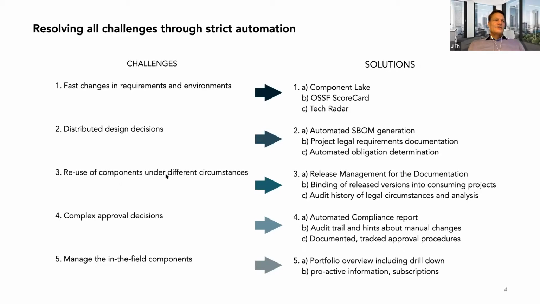And then there's one thing, we were talking about this reuse thing. There's a couple of things there. The first is that you probably also need a release management for your documentation.